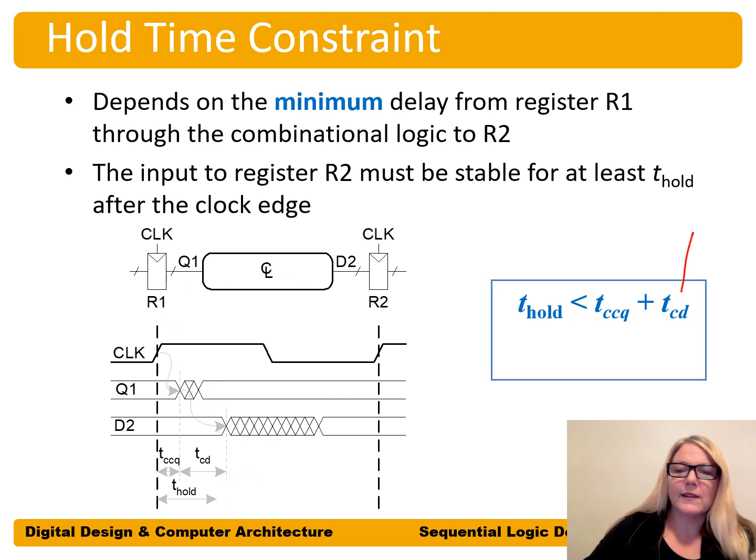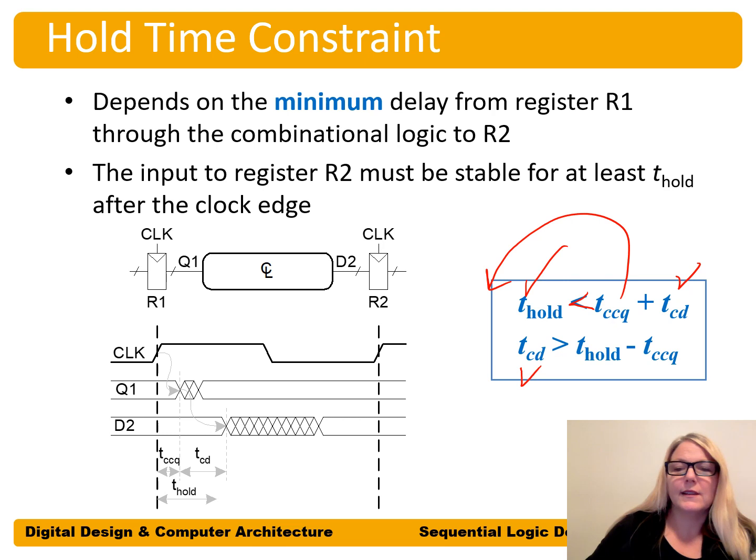And again, rewriting this in terms of TCD, what we have control over as the circuit designer, bring this over to the other side, and we get TCD is greater than T hold minus TCCQ. So TCD is greater than T hold, and then we bring that over to the other side, minus TCCQ. So that's the way to derive it.